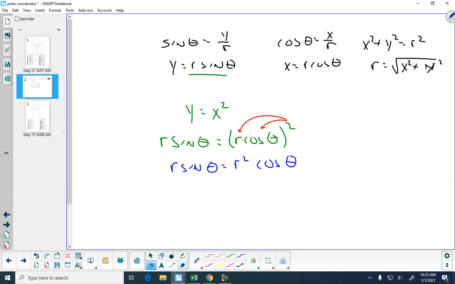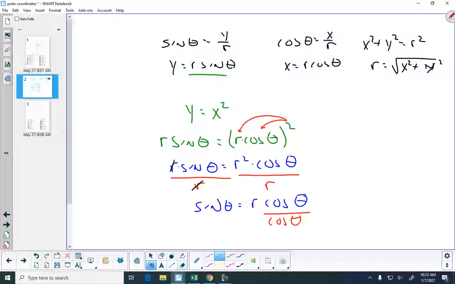Well, if we divide both sides by r, these r's would cancel. So we're left with sine of theta is equal to r cosine of theta. Then to solve for r, we could divide by cosine of theta.